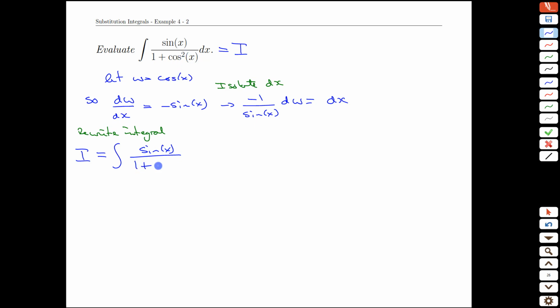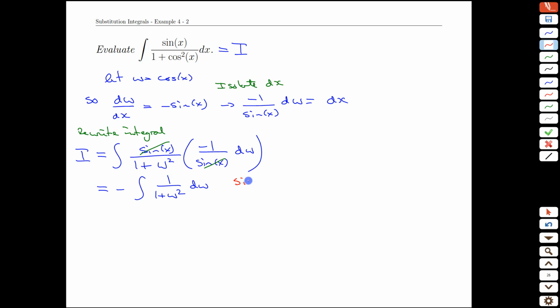If w is cos, that'll be w squared then in the denominator. Then we had the dx term, which we just said could be replaced by negative 1 over sine of x. There's the dividing by sine of x that we want to do because it lets us cancel. And when we tidy that up, we end up with the integral of 1 over 1 plus w squared dw.